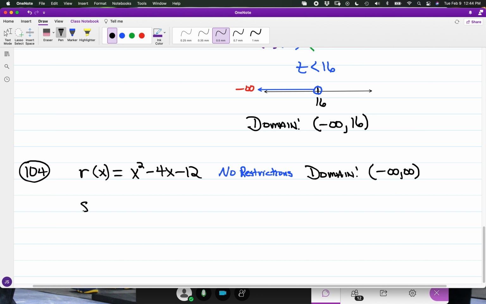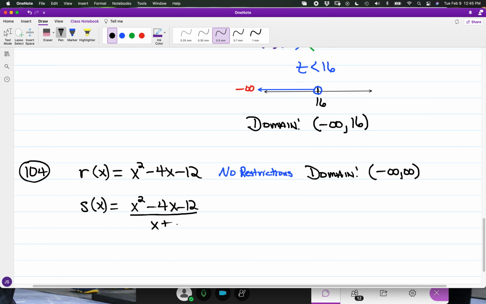Now for the function s of x, this time we're looking at x squared minus 4x minus 12, all over x plus 1.